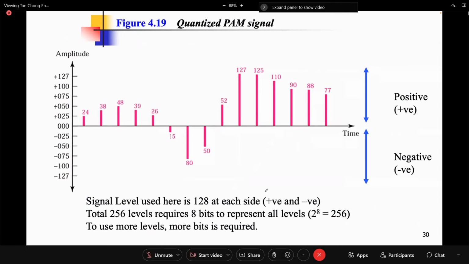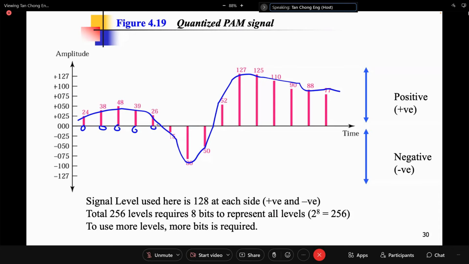Okay. So this is actually the example of quantization. This is the signal itself, but we sample at a specific location, for example here, at a fixed interval.